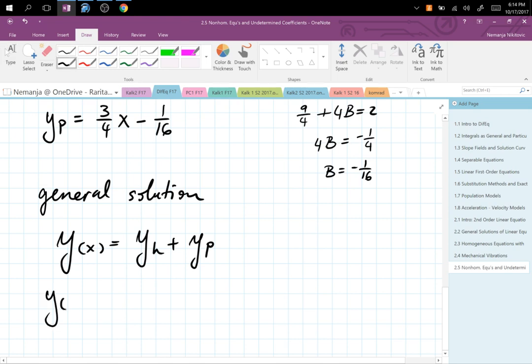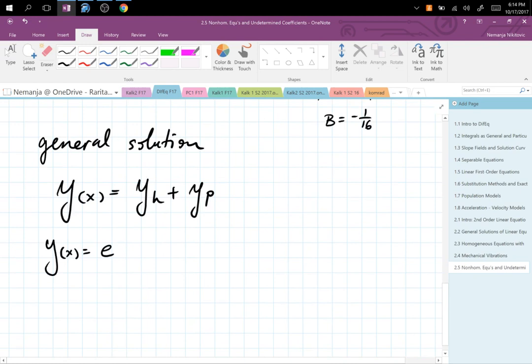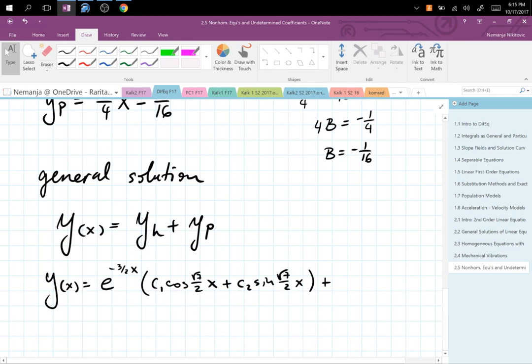Now, your yh is good old e to the something, and then something with cosines. All right, e to the negative 3/2 x times c1 cosine root 7/2 x plus c2 sine root 7/2 x, and then we have plus 3/4 x minus 1/16.